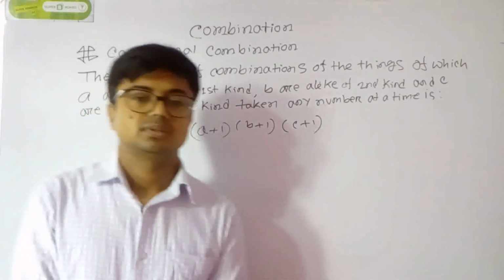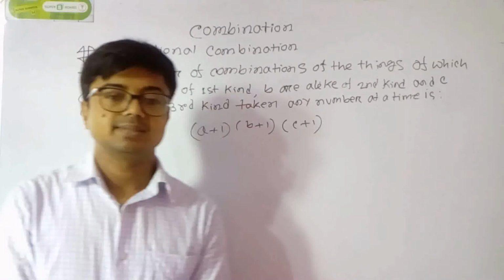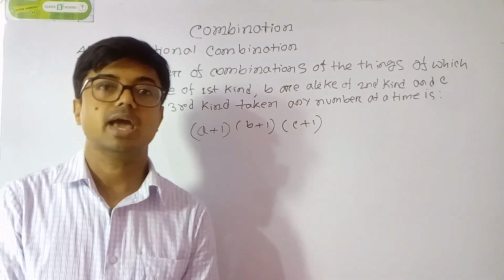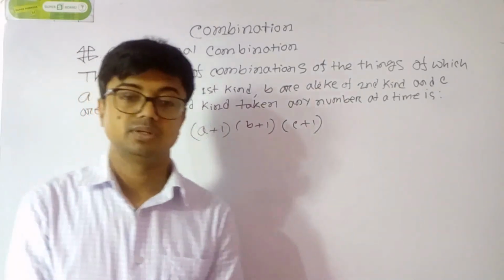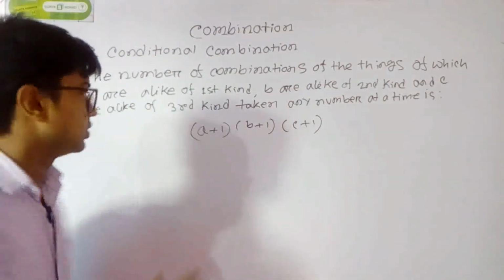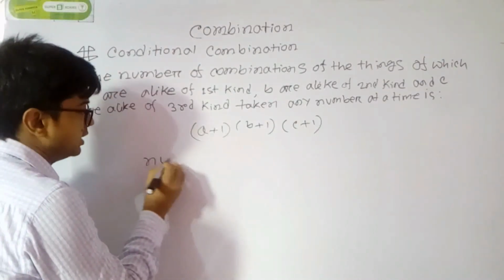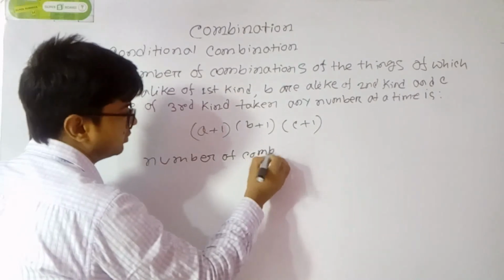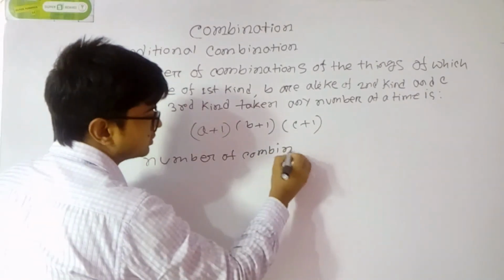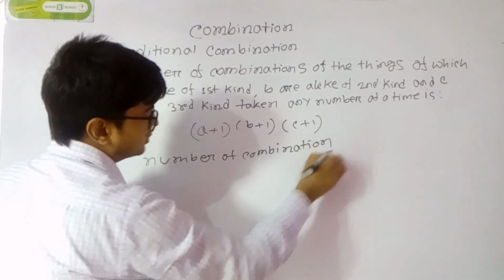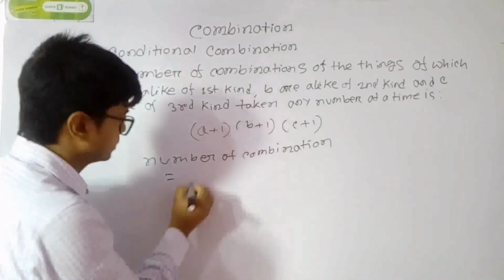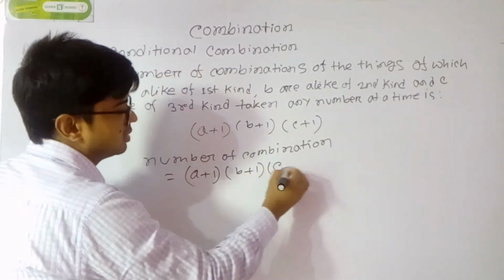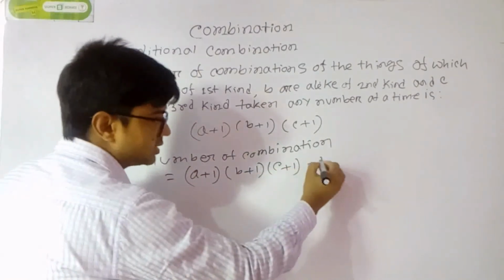But this includes the case in which all the things are left, which is not acceptable. That's why the number of combinations equals (a plus 1)(b plus 1)(c plus 1) minus 1.